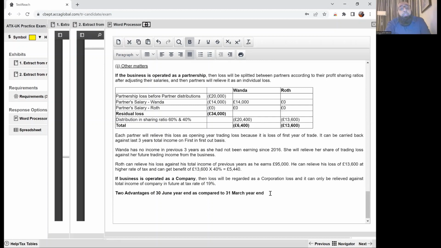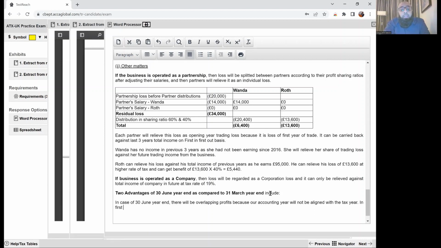So two advantages of 30th June year end as compared to 31st March year end include: number one, in case of 30th June year end, there will be overlapping profits because our accounting year will not be aligned with the tax years.